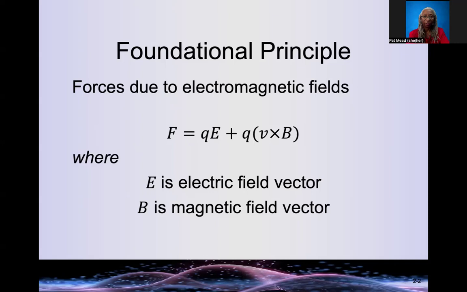First of all, you should understand that in order to experience an electromagnetic force, there has to be a charge. In this equation, Q is the charge. I didn't write it on the slide, but Q is the charge. So that's a foundational equation.